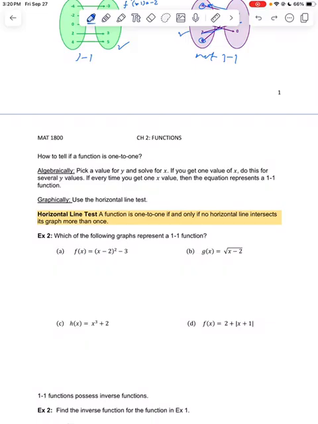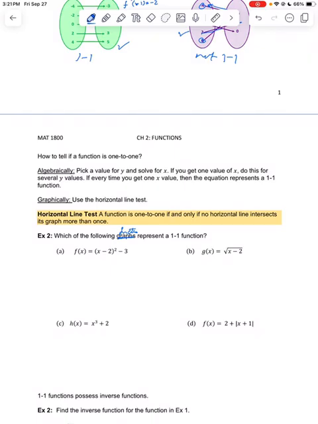The horizontal line test says a function is 1 to 1 if and only if no horizontal line intersects the graph more than once. So for example, if we have to check which of the following functions represent 1 to 1 functions, you can graph them and check by the horizontal line test.